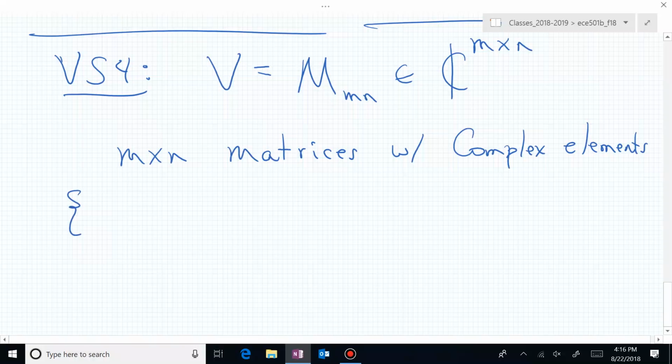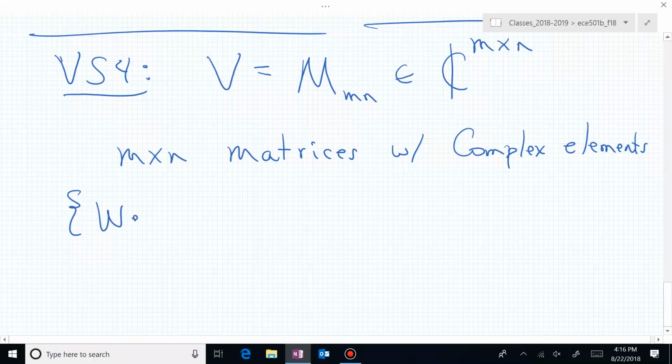And instead of calling them matrices, now each of those is a vector. That matrix is a vector in our vector space. That's this sort of abstract way of using the word vector. So all of these objects in the vector space are vectors.